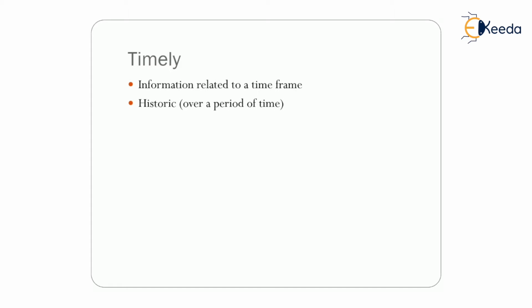For example, if you want to improve your business, the strategic information stored over 5 years can be analyzed and accordingly the manager can take decisions to improve upon the business. These are the characteristics of strategic information.